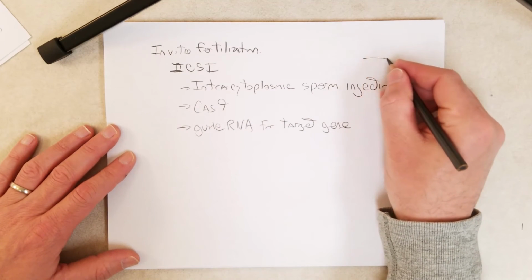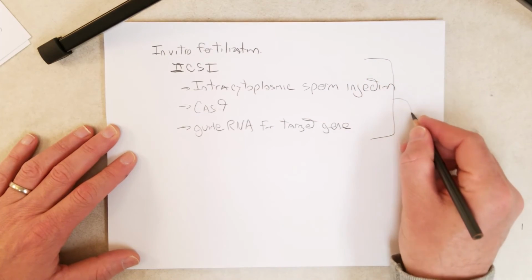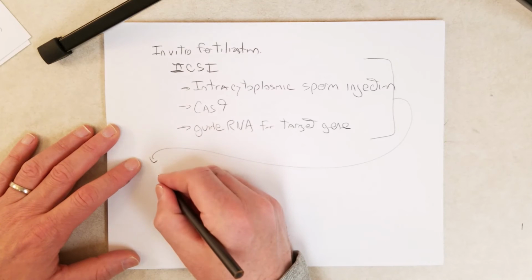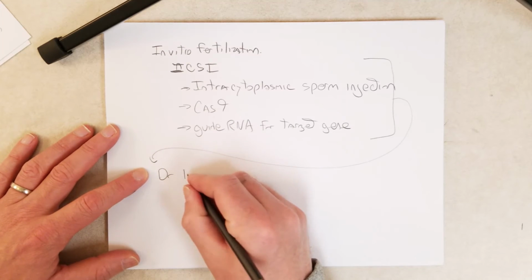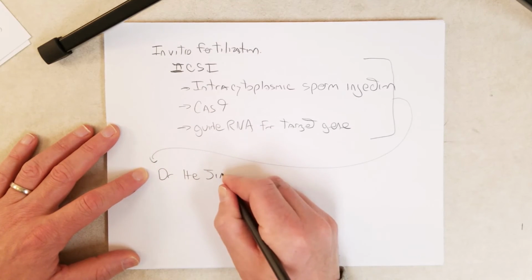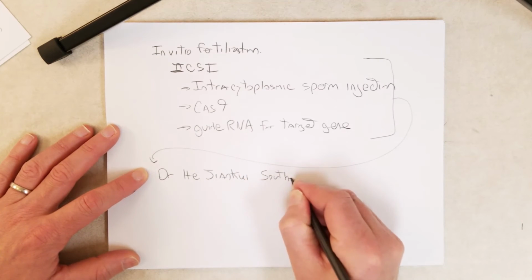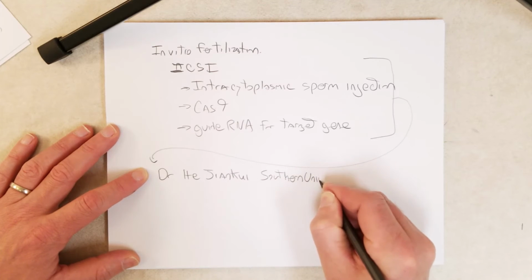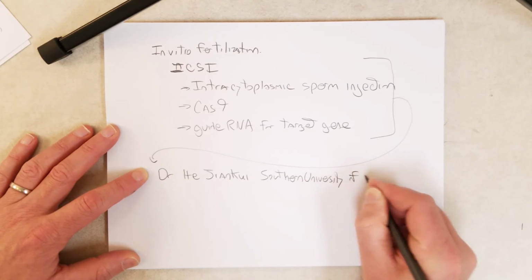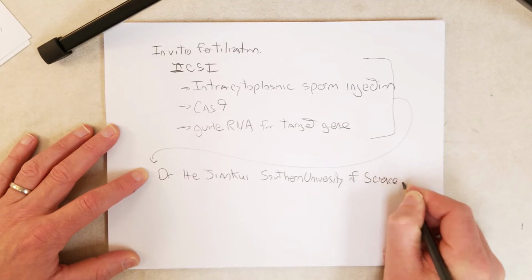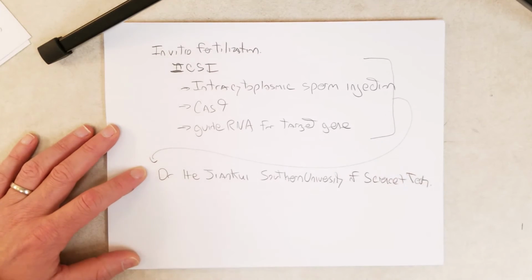And rumors are that a scientist named Dr. He Jiankui of Southern University of Science and Technology of China has used this to make the first genome edited humans, the first CRISPR humans.